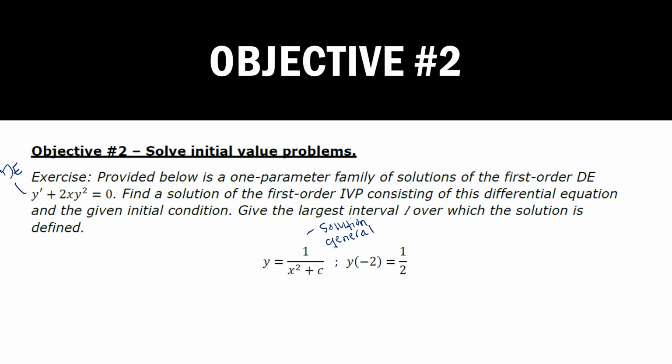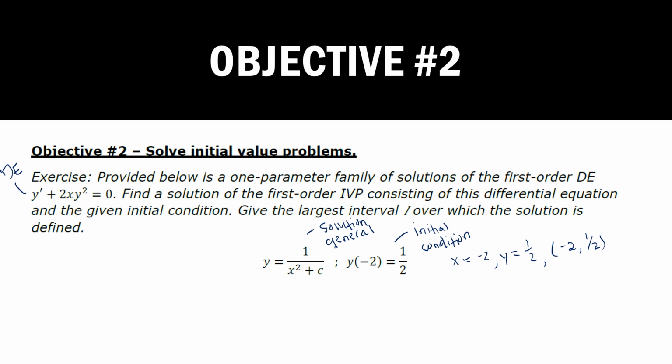Then we have y of negative 2 equals 1/2, and this is our initial condition, where when x is negative 2, y is 1/2. So that gives us the point (-2, 1/2). All right. And so now we can find our particular solution for this DE.